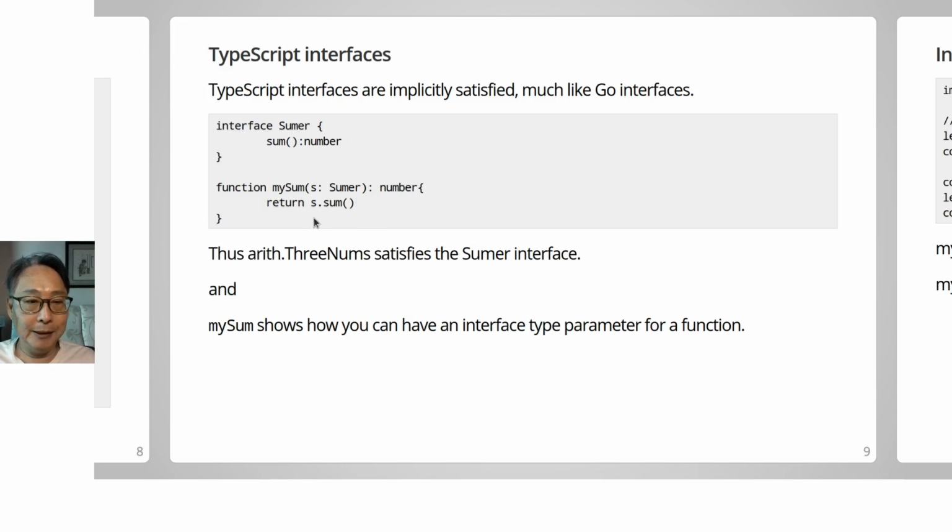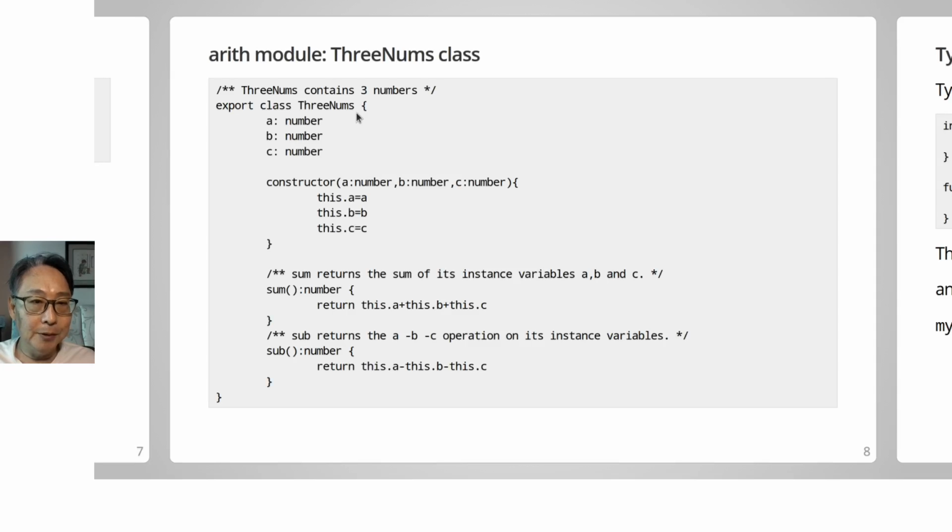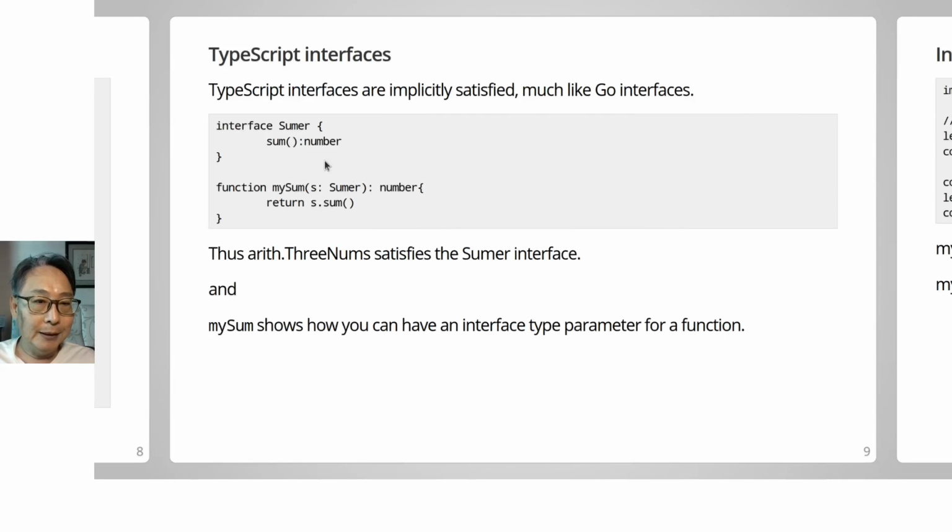And it returns the summer's sum. Because 3nums over here has a sum method which takes no arguments, no parameters, and returns a number, it satisfies the interface.